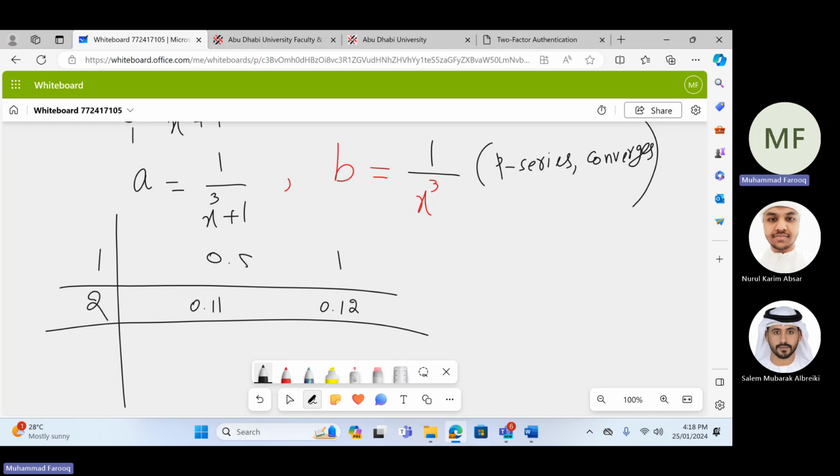Put 3 now, here and here. This is 1 over 27, this is 1 over 28.